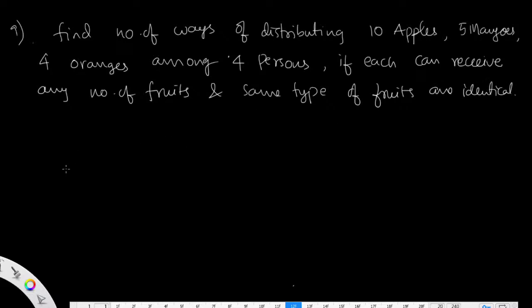This is the question. Find the number of ways of distributing 10 apples, 5 mangoes, 4 oranges among 4 persons if each can receive any number of fruits and same type of fruits are identical.